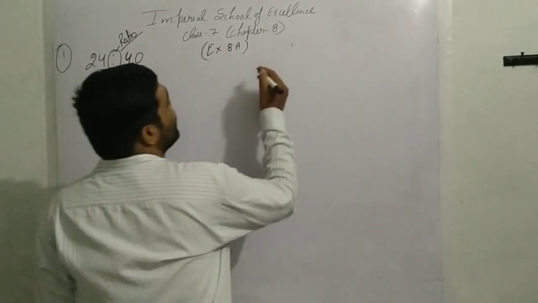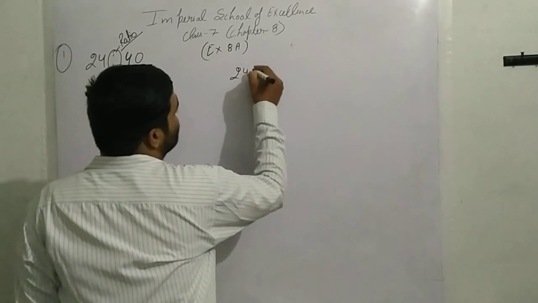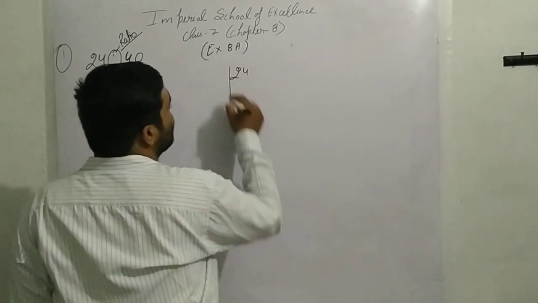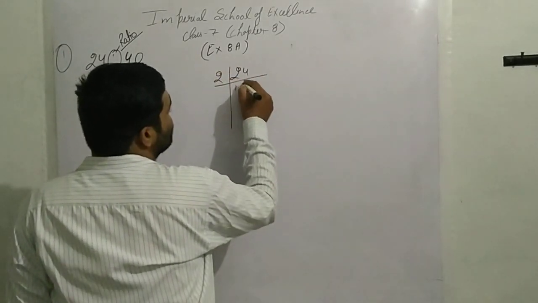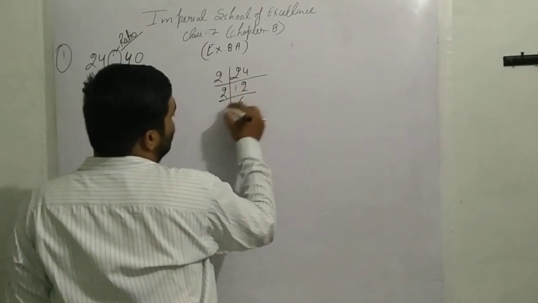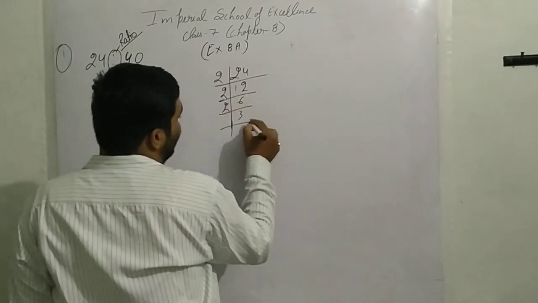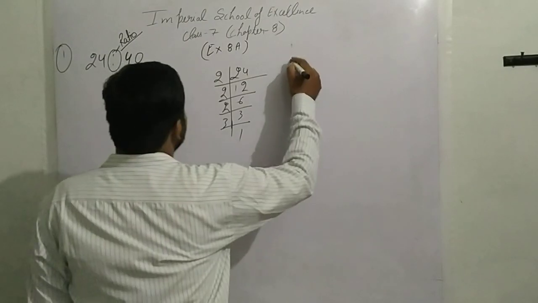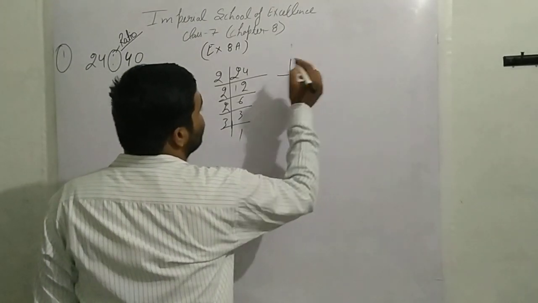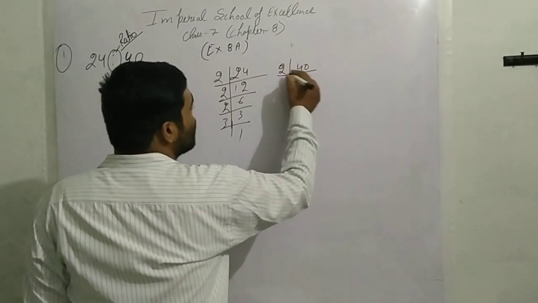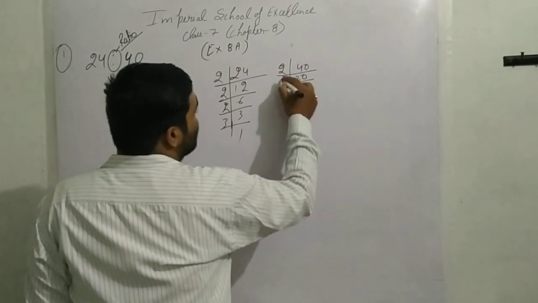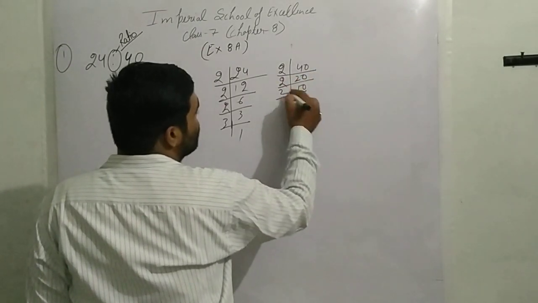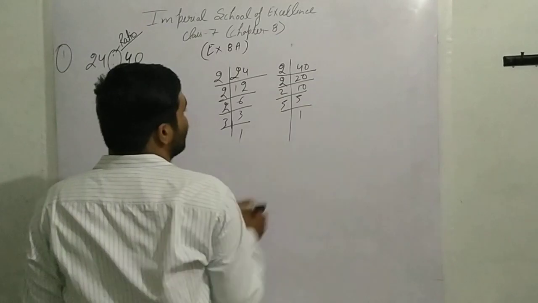Before converting into the simplest form, first of all you have to take the HCF of 24 and 40. 2 1s are 2, 2 2s are 4, 2 6s are 12, 2 3s are 6 and 3 1s are 3. Same you have to do here for 40: 2 2s are 4, 2 10s are 20, 2 5s are 10 and 5 1s are 5.